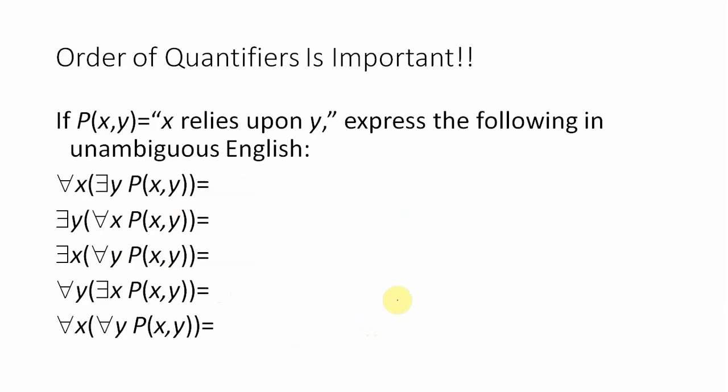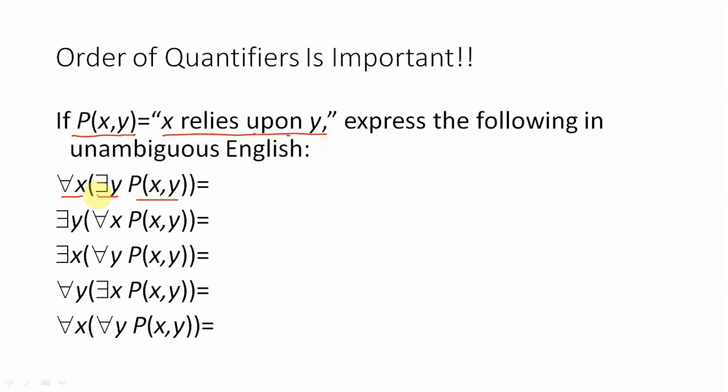Now, as I said, the ordering of quantifiers is very important. Let's see an example. Let P(x, y) say x relies upon y. Now, we have four examples. The first one says, for all x, there exists y such that P(x, y).